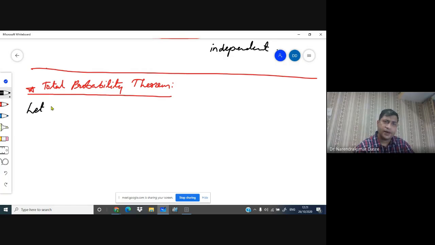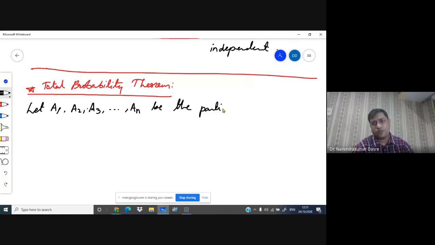Let A1, A2, A3, and so on up to AM be a partition of the sample space.